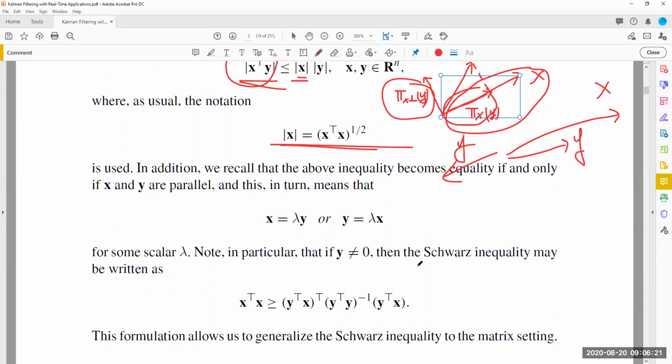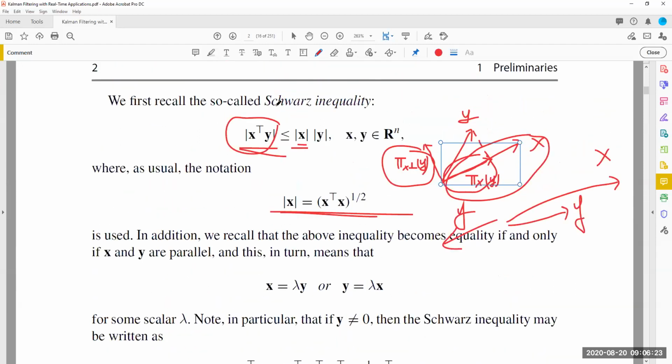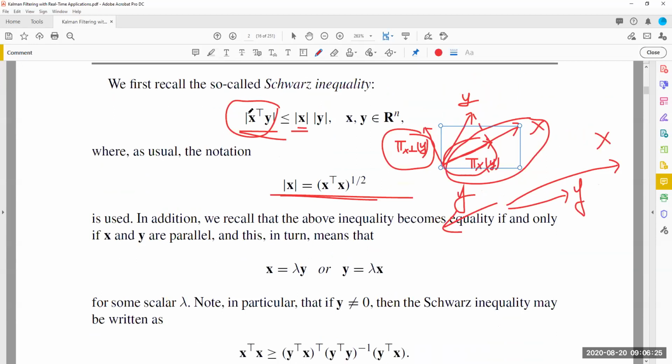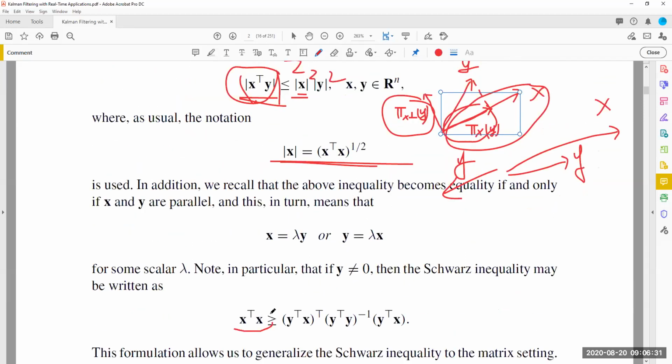This is another way to write the Schwarz inequality. Basically, take the square on both sides. This is the square of the x norm times the square of the y norm. Because this is a number, you can put it on the right-hand side, so this is the square of x transpose y.